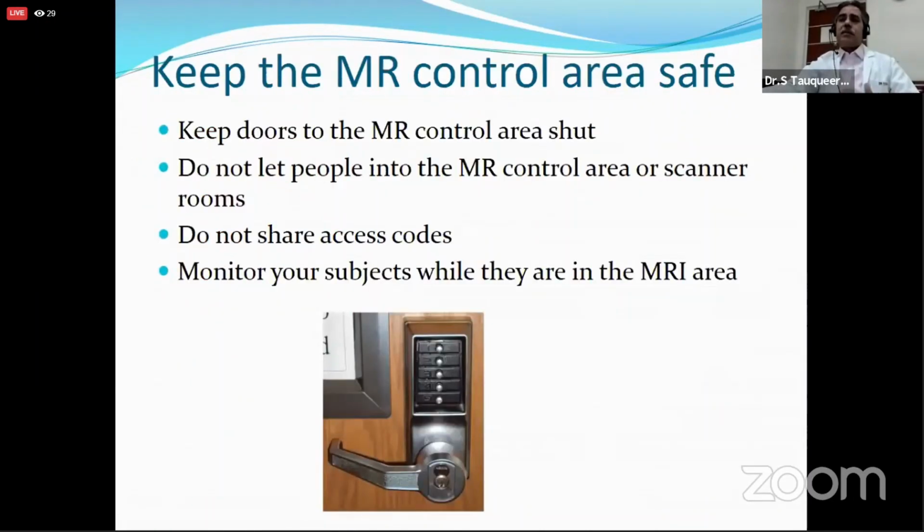An important thing is to keep the MRI room closed all the time, and it is the responsibility of the MR personnel handling the MRI, a sole responsibility. When the scan is done, lock it. If an access code is used, it should not be given to everybody. If the site has a lock and key, then keep the key with yourself, and it should not be shared. So when the scan is going on, or even if it is not going on, the MRI suite should be closed all the time.